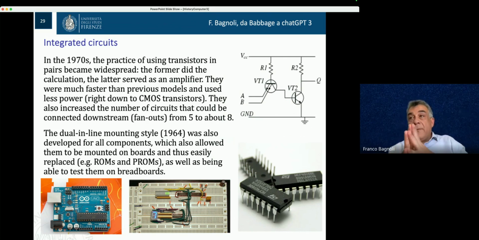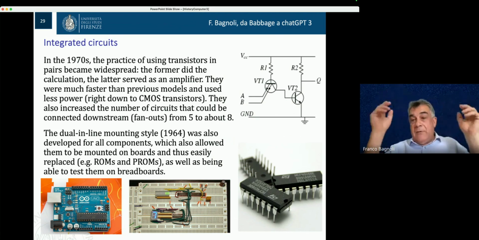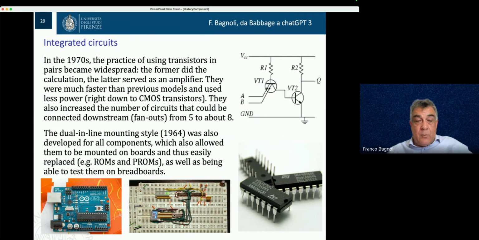Because the problem of building a circuit is not only to design the logic in order to have what you want, but you also have to be careful on how many other chips you are attaching to the output of a gate, because every chip uses a small amount of current.